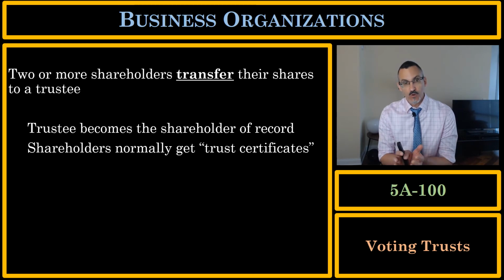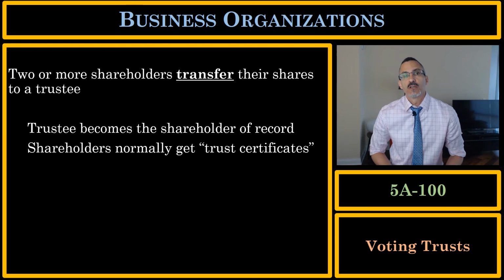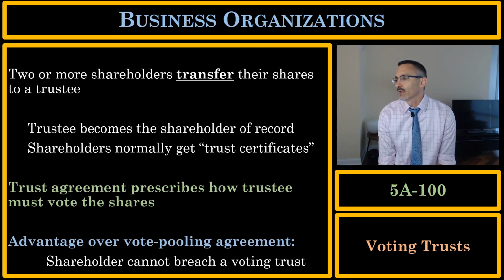So if you look at the corporate ledger and you want to see who's the shareholder, it's the trustee, not the original shareholders. Those two or more shareholders have transferred their shares to the trustee. Now, often the shareholders will get trust certificates. The trust agreement between the two shareholders and the trustee will prescribe how the trustee will vote the shares.